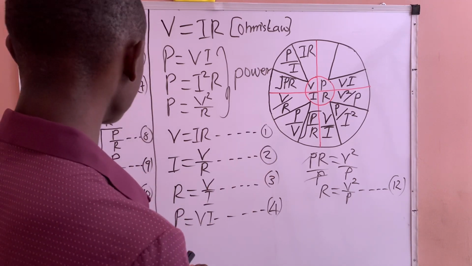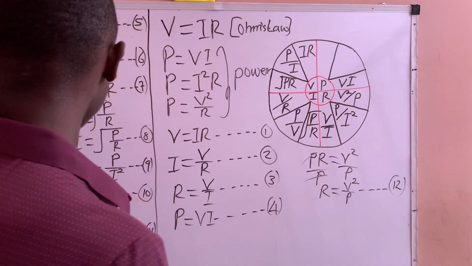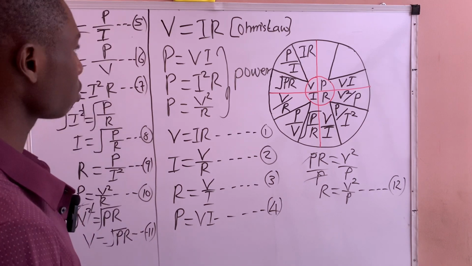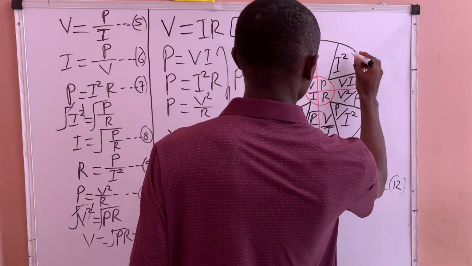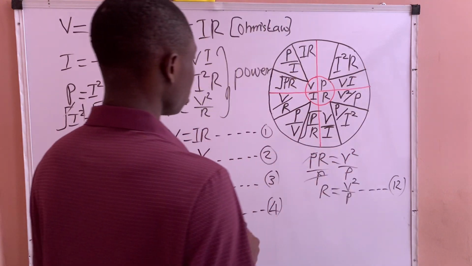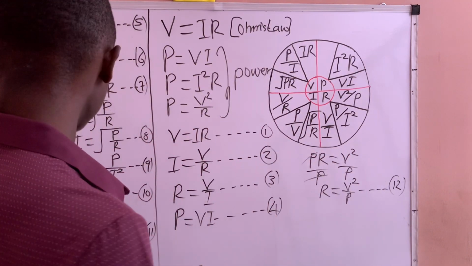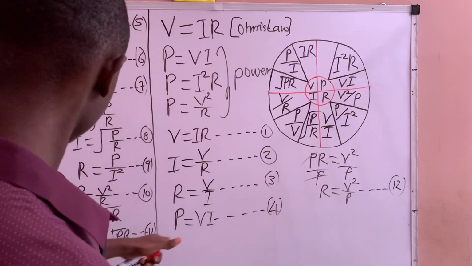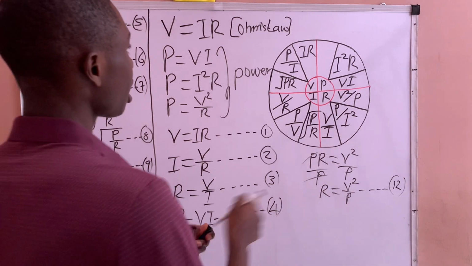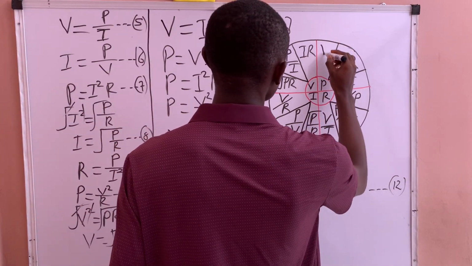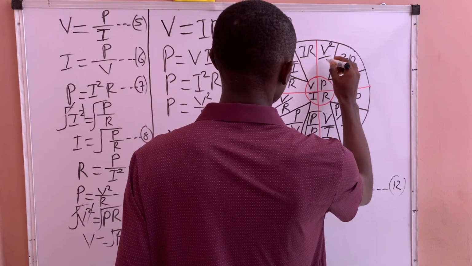So we move to the next variable. We have here that P is equal to I squared R. We move to the next one. We also have that P for equation 10 is equal to V squared over R. So we have here that P is equal to V squared all over R.